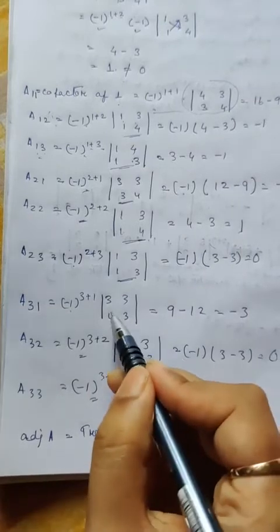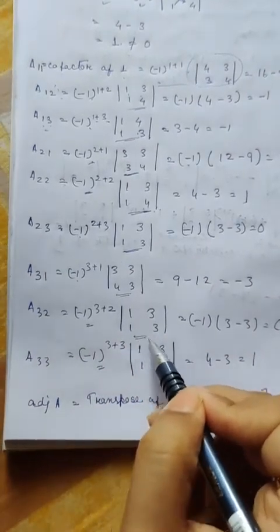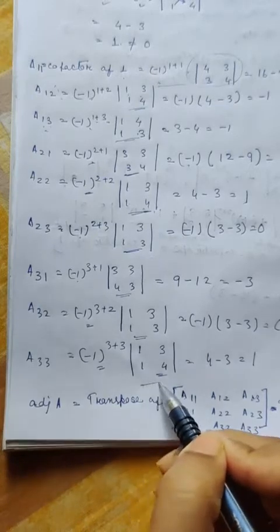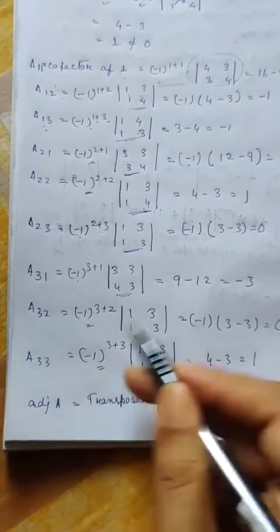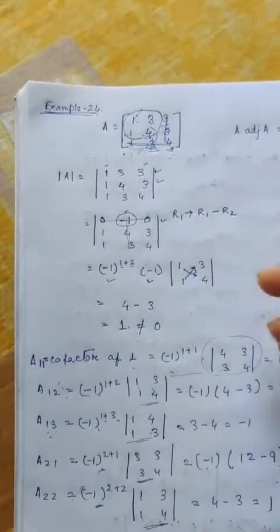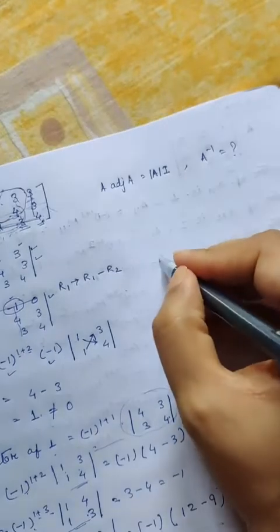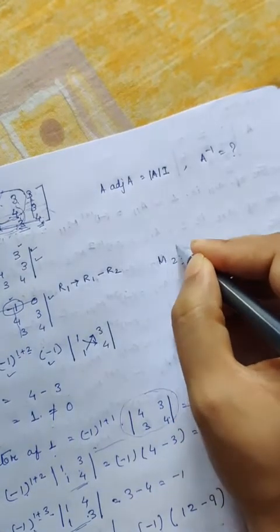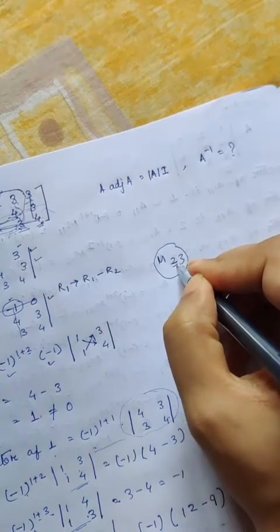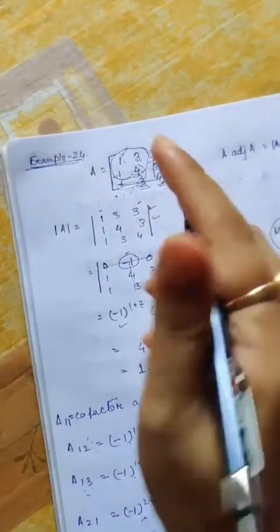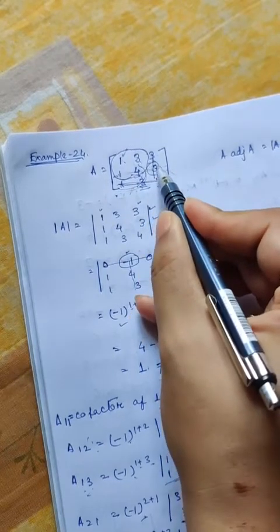Capital M31 this one, capital M32 this one, and capital M33 this one. Capital M33 means minor of the element of third row, third column. Capital M23 means minor of the element of the second row, third column. So second row means this one, second row, third column means this 3.